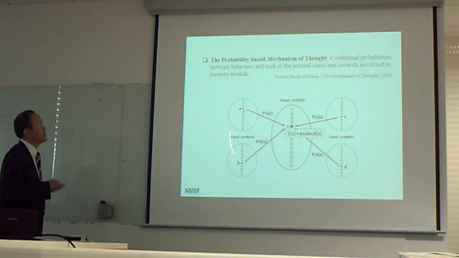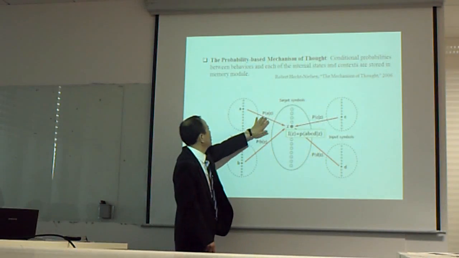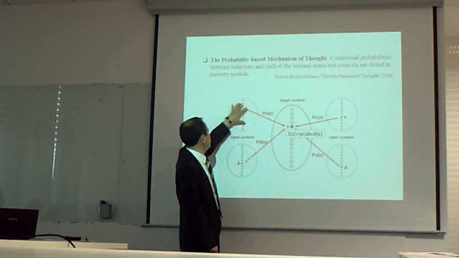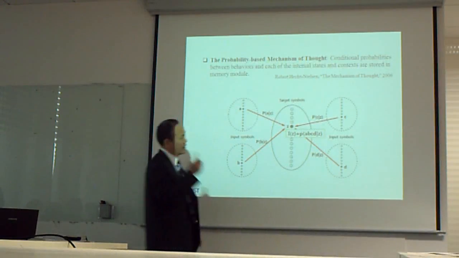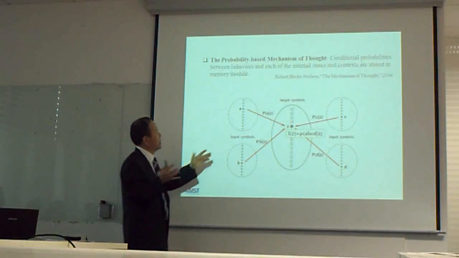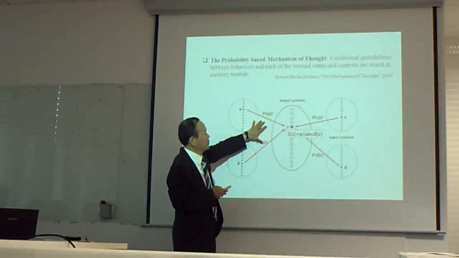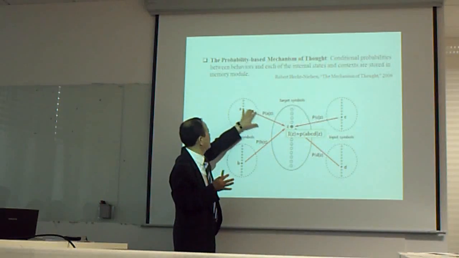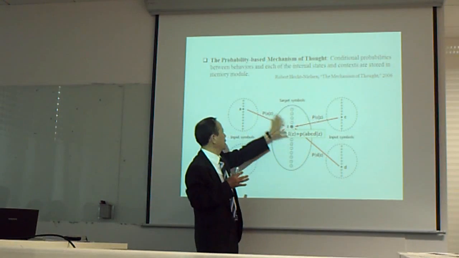In this configuration, in this mechanism also, we definitely have this conditional probability between input symbols and target symbols. However, in humans, we do not care about this conditional probability at all. We do not calculate this conditional probability between this one and this one.